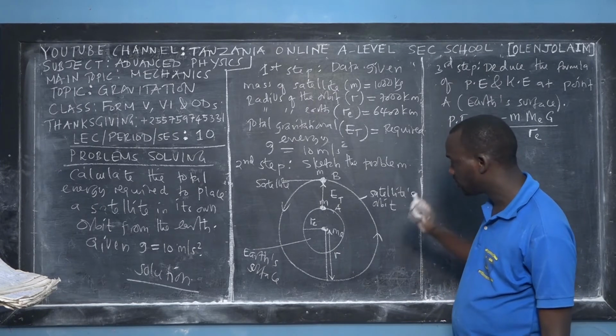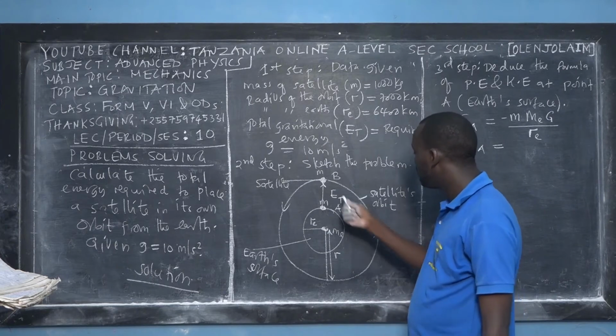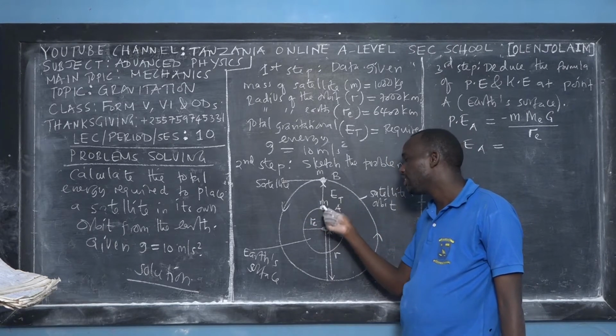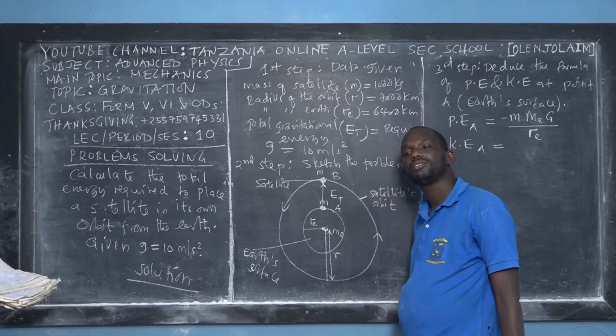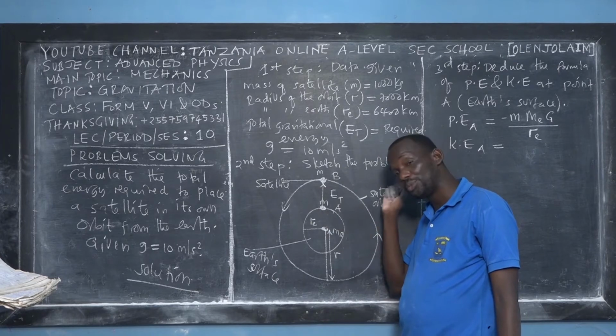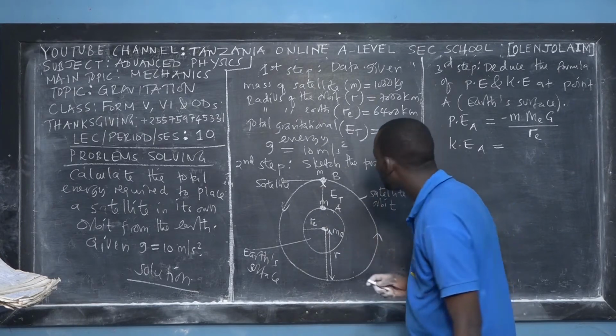Bear that in mind. What is moving from point A to point B is just the rocket. This is not an orbit. The satellite moves when it reaches this orbit. Bear that in your mind.